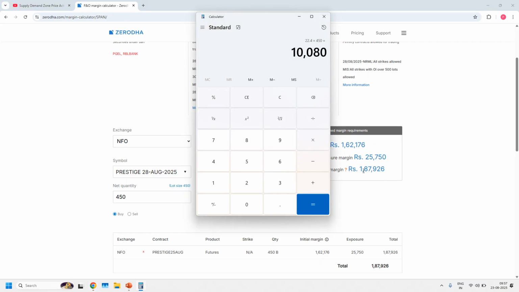Let me consider an approximate value of 1,88,000, into 100 divided by 1,88,000. This is not the exact value, but you will get a somewhat close value. So you would have got 5.3% ROI in just 2 trading sessions.